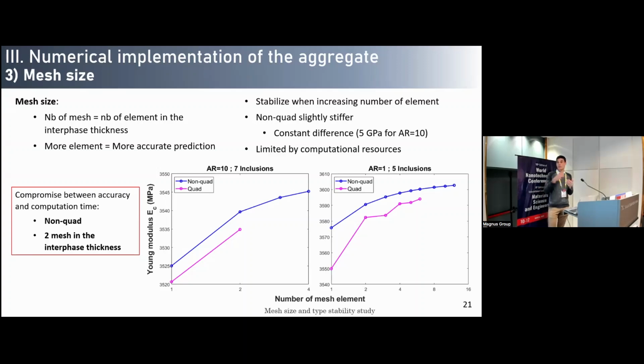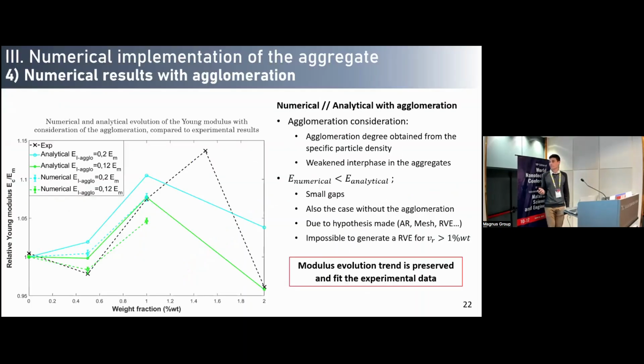But it's always the same thing: if we increase the number of mesh, it will increase the computation time. So we choose 2 mesh elements for the interface thickness and still non-quadratic elements, because there is still a small gap between quadratic and non-quadratic, but it's not so big, and it's pretty much constant in all of our observations.